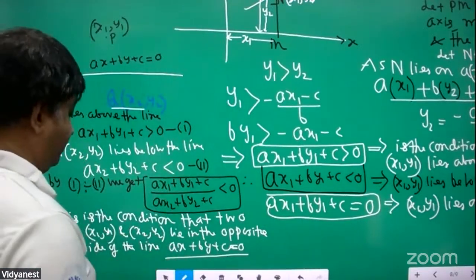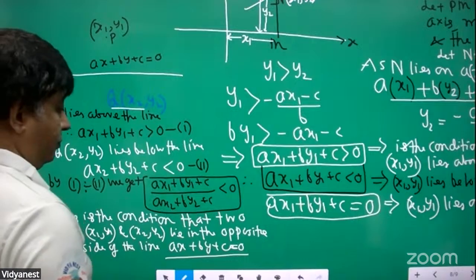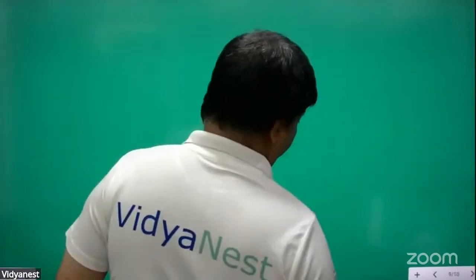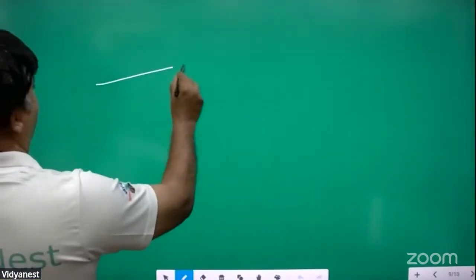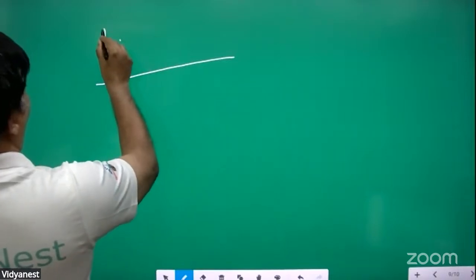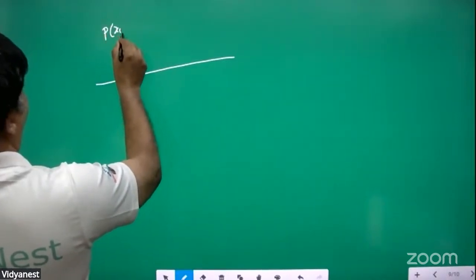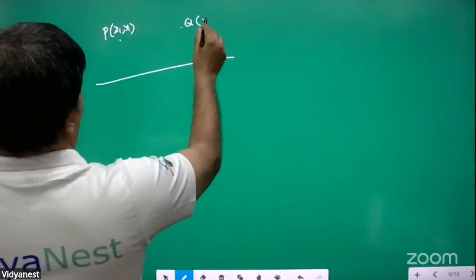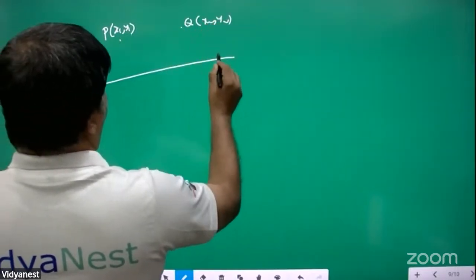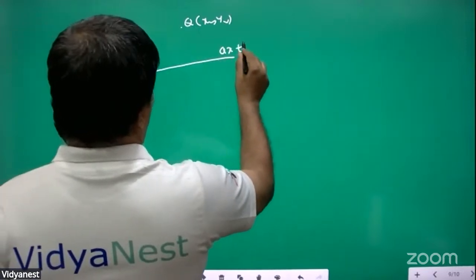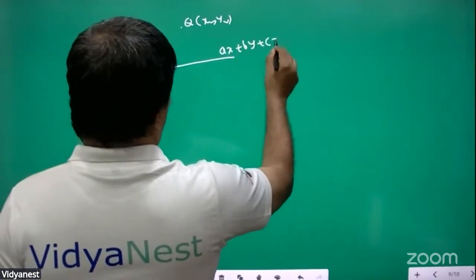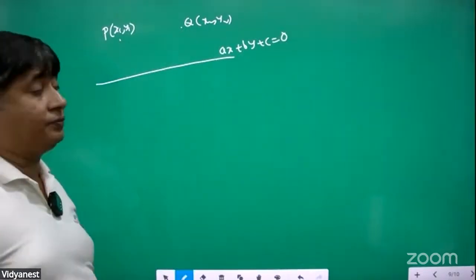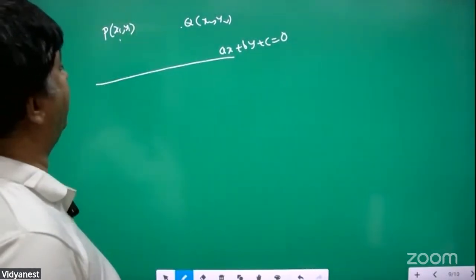You see, suppose there is a line, one point P, that is (x1, y1), another point Q, (x2, y2). This line is x + by + c is equal to 0. Here what is observed?